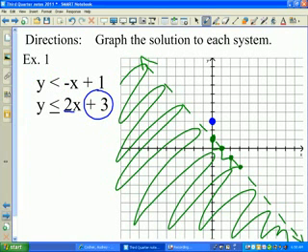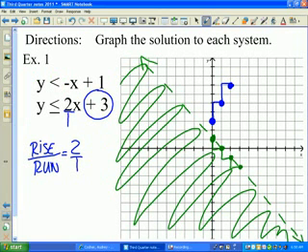In this case, it's a 2, so I have 2 over 1. My rise is 2, and my run is 1. So I'm going up 2 and over 1 to make my next point. Okay, so I've got my points there.